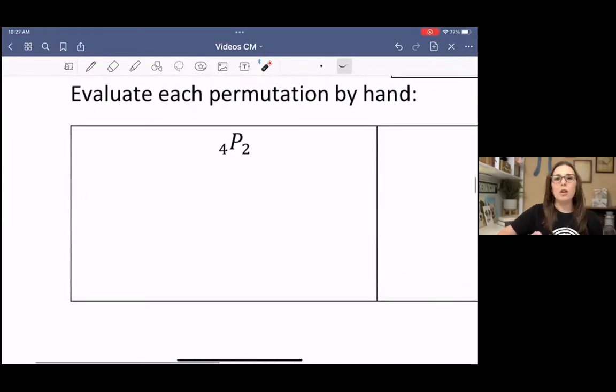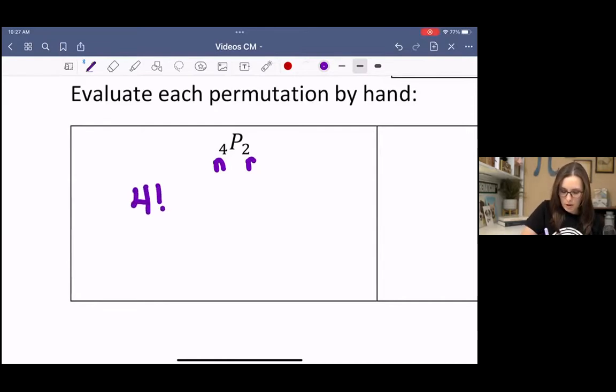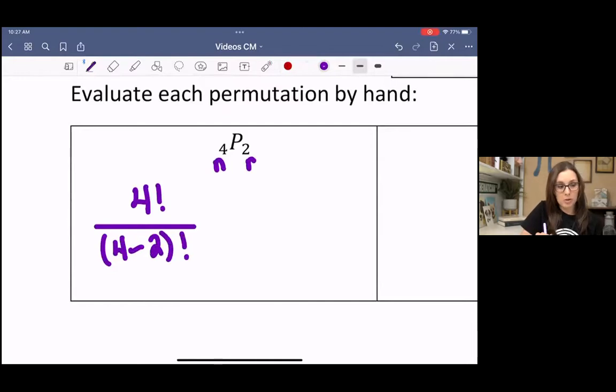Okay, so these are going to be very straightforward. They're not word problems yet. We're just going to practice using the formula. So we have this 4P2, and this represents N, this represents R. And all we have to do is plug it into the formula. So the permutation equals N factorial over N minus R factorial, parentheses matter. I'm going to simplify inside the parentheses, 4 minus 2.